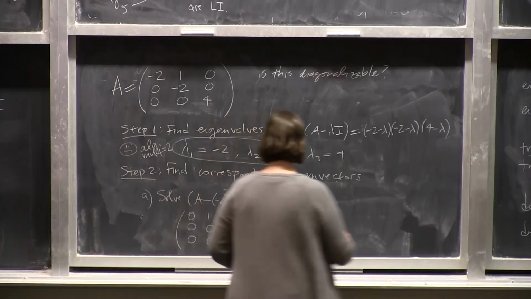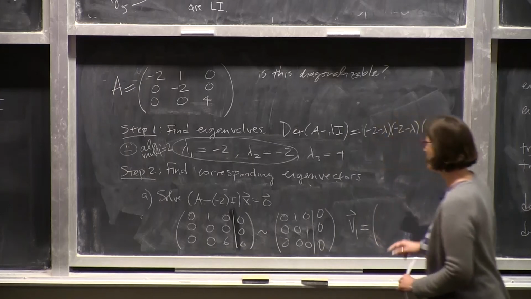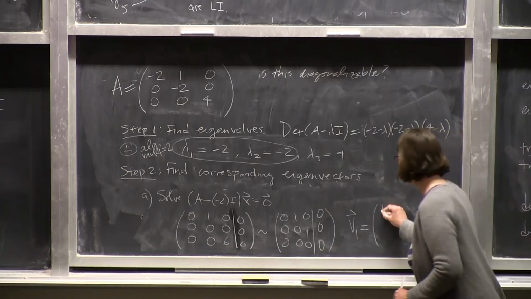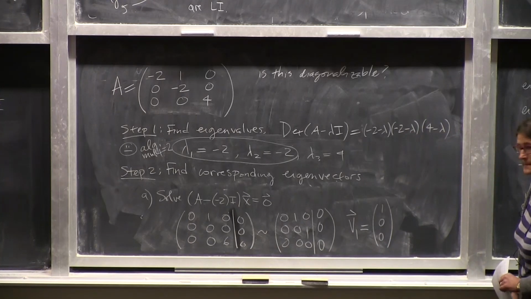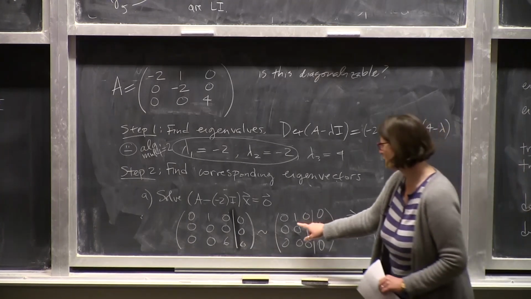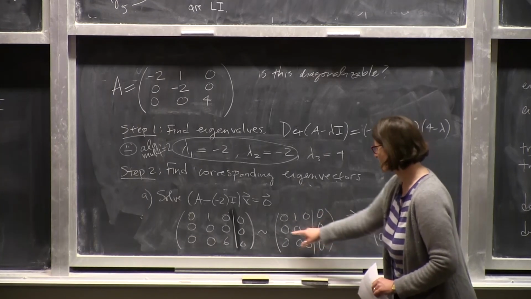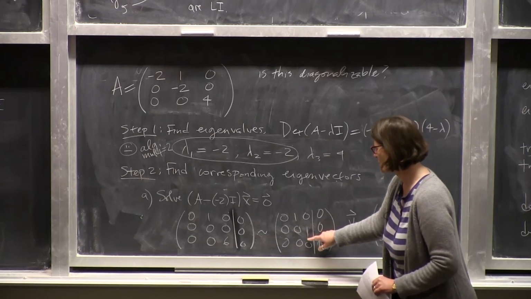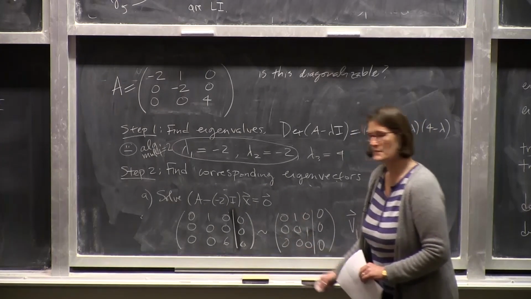So the only solution is v1 is any scalar multiple of 1, 0, 0. Because from the first equation, you get that the second component of v1 must be 0. From the second equation, you get that the third component of v1 must be 0. The first component of v1 can be anything at all.